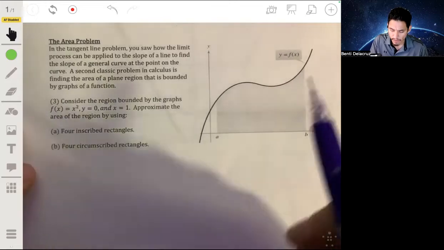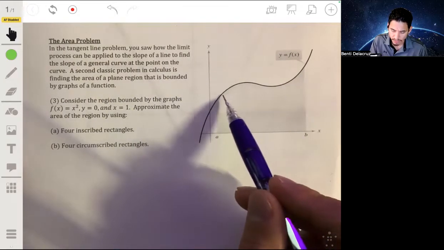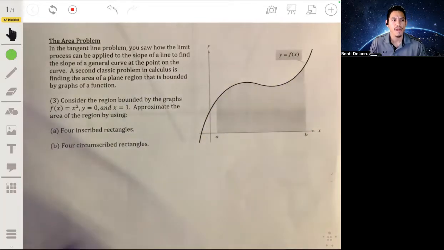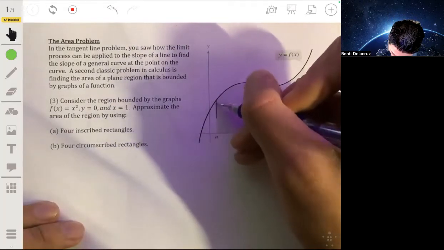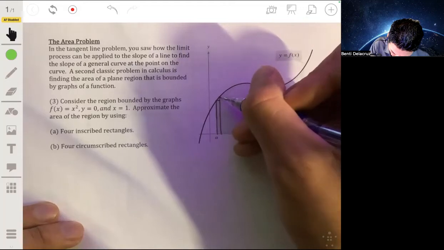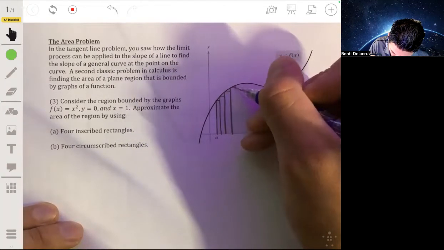So the idea is to recognize that the area underneath this curved line can be broken up into a bunch of small rectangles, or a bunch of infinitely thin rectangles. So for example, I could divide this into a rectangle that goes like this, followed by one over here, and so forth.